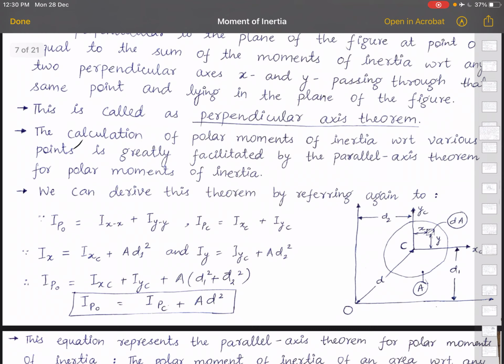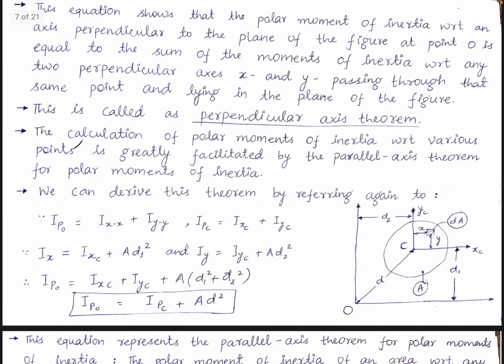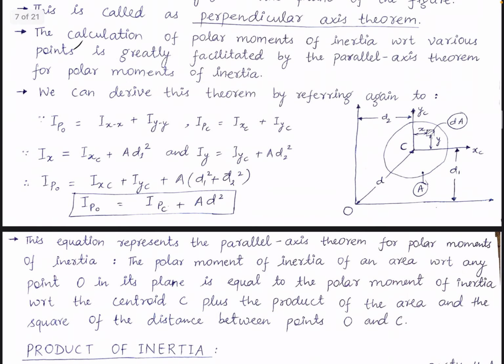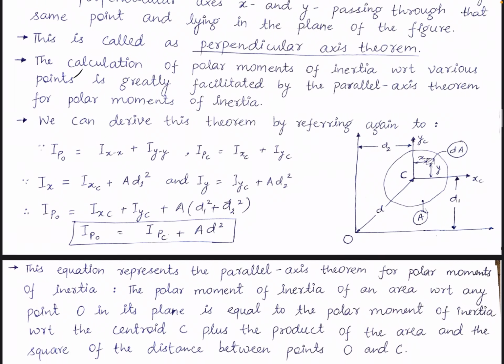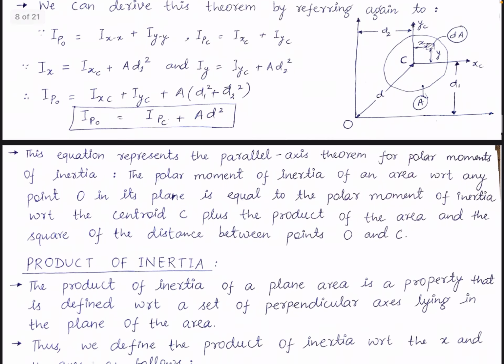And whatever we have discussed is nothing but the perpendicular axis theorem. So we have discussed the parallel axis theorem, and we have discussed the perpendicular axis theorem. Depending upon the situation and what the question is asking, you can easily apply these two theorems. Now this parallel axis theorem can be applied to the polar moment of inertia as well.